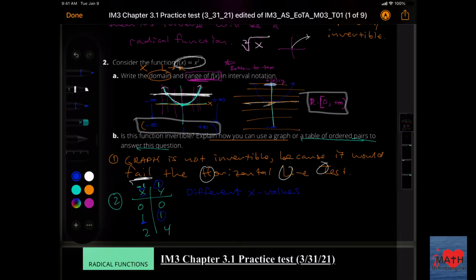Those are different numbers, but repeating y values shows it's not invertible. Whoa. Why does it erase it? I don't know. It's magic. Not invertible. Okay? All right, let's move on now to 2C.